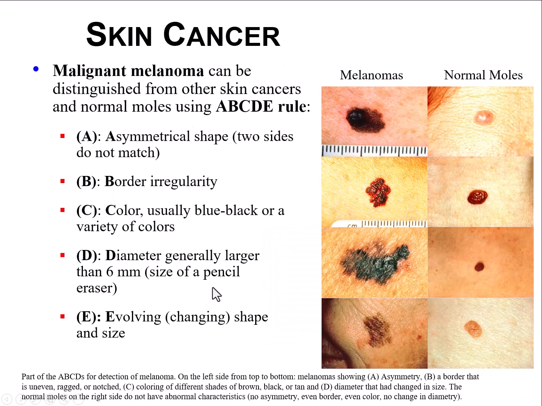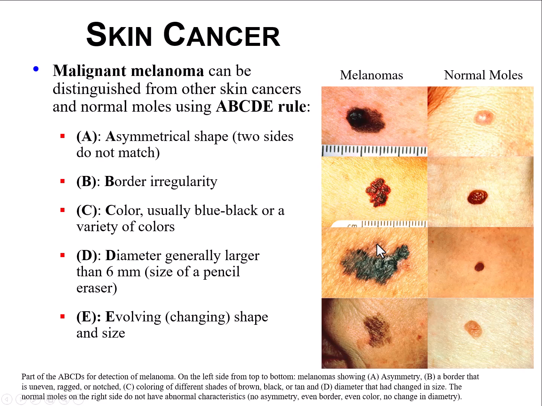You can determine the extent of a malignant melanoma with the ABCD rule and E. Here is an example. This is a melanoma, and this is a normal mole. Look for asymmetry, so irregular borders, where the two sides don't match. Here is a melanoma with a lot of irregularity, and also the coloration.